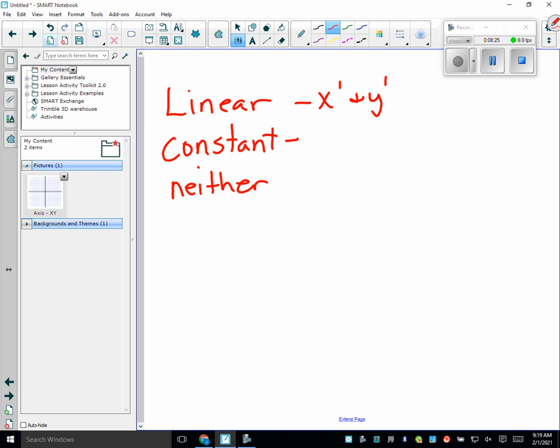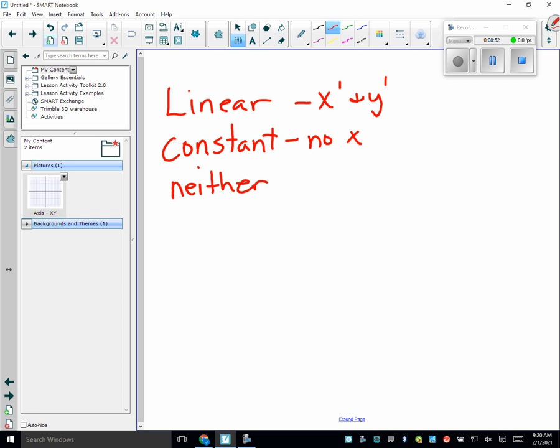Constant happens when there is no x. Guess when neither happens? When it's not linear or constant. There's a whole bunch of other kinds, but we're not going into that today. All we're saying is either linear, constant, or neither one of those.